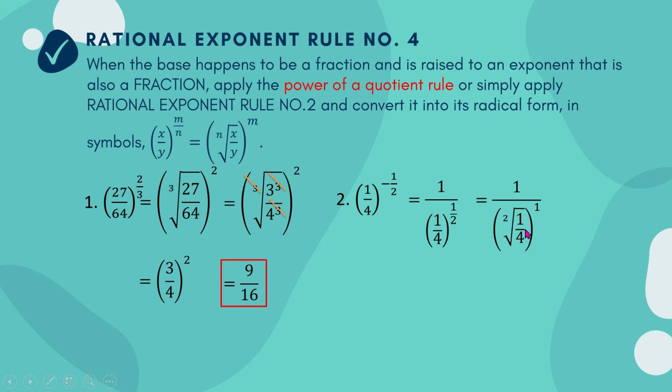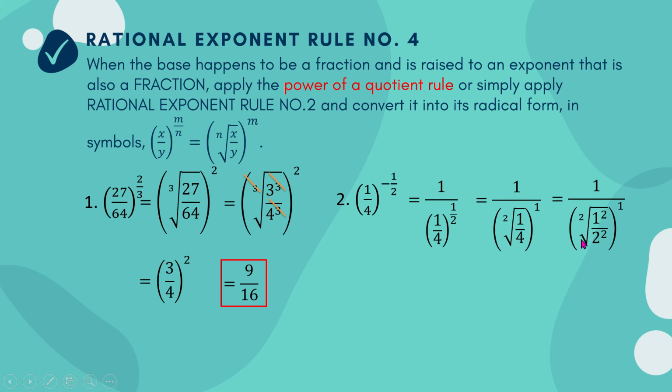The radical symbol contains 1/4. The index is 2, since the denominator is 2. The exponent is 1 outside the parentheses, since our numerator is 1. Next, we rewrite that as 1 over the square root of 1 square over 2 square raised to exponent 1. This is because 1 and 4 are both perfect squares. 1 can be expressed as 1 square, since 1 times 1 is still 1.